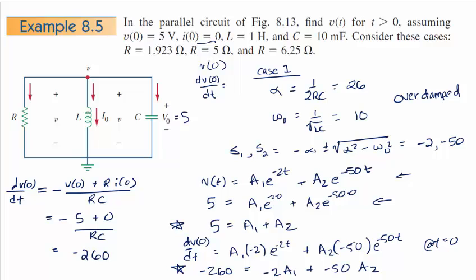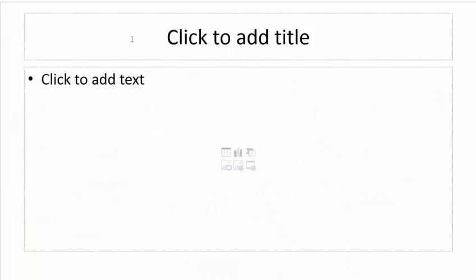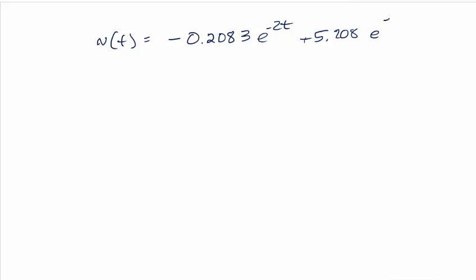I guess I'll have to do a new slide. When I solve for A1 and A2, two equations and two unknowns, I get the values of A1 and A2, and I get the final solution for v of t: minus 0.2083 e to the minus 2t plus 5.208 e to the minus 50t.